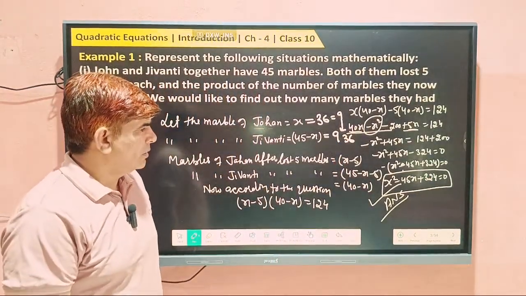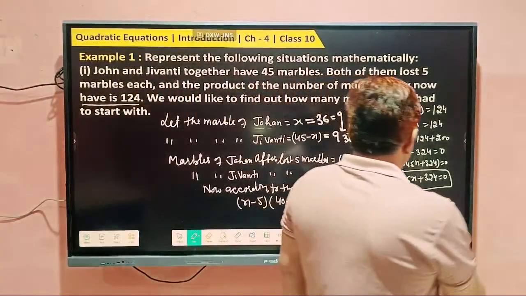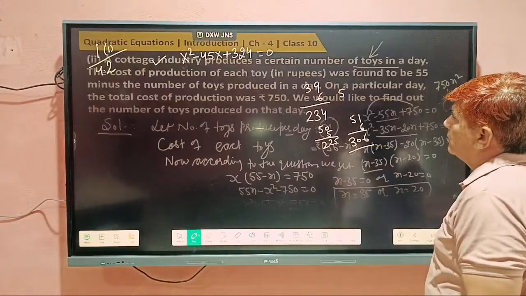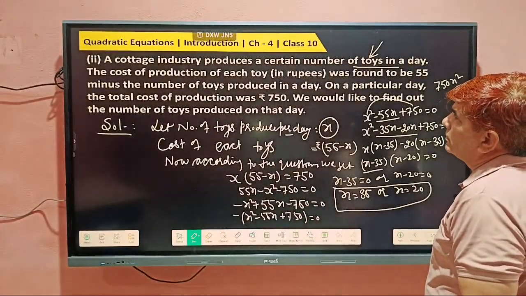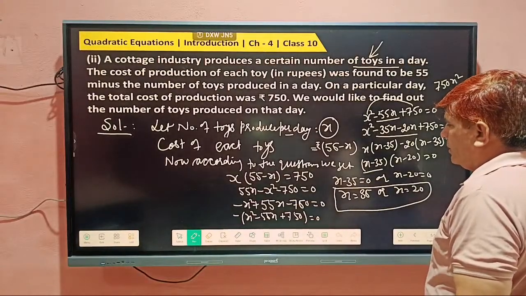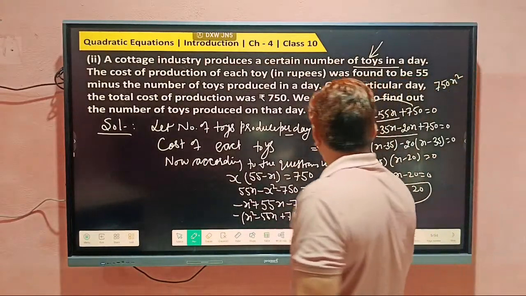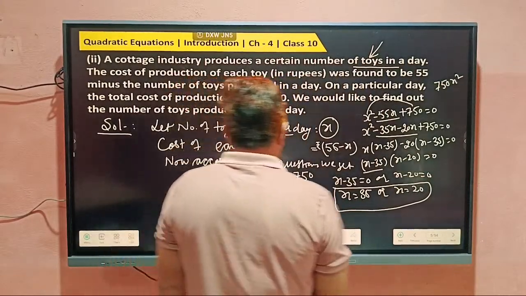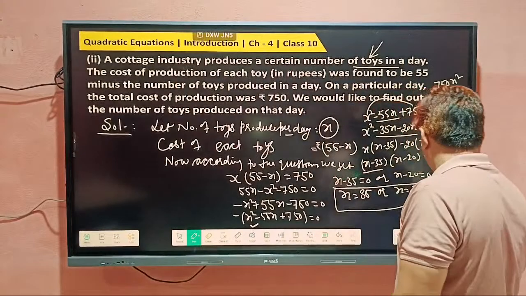Understood? So now in the second part of it, what's the second part? This. The equation is this. So this also we can solve: x square minus 55x plus 750.